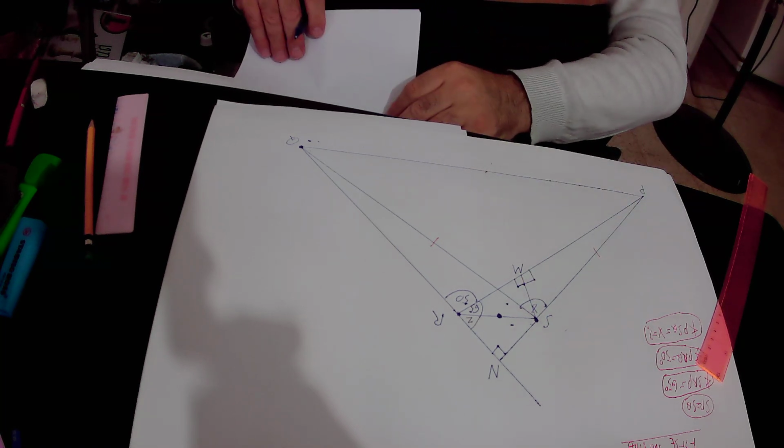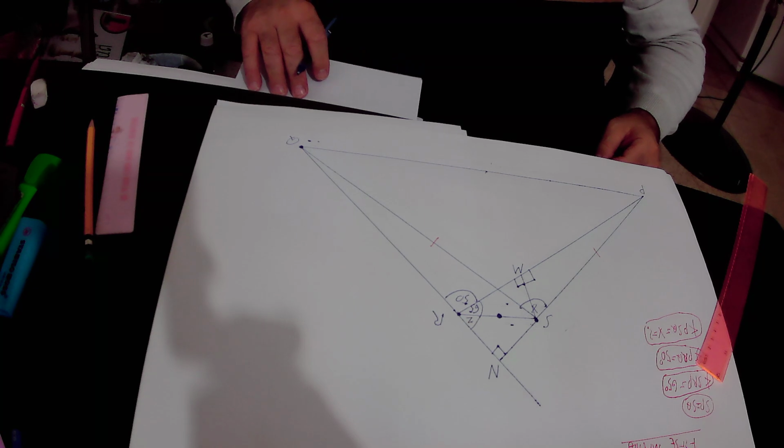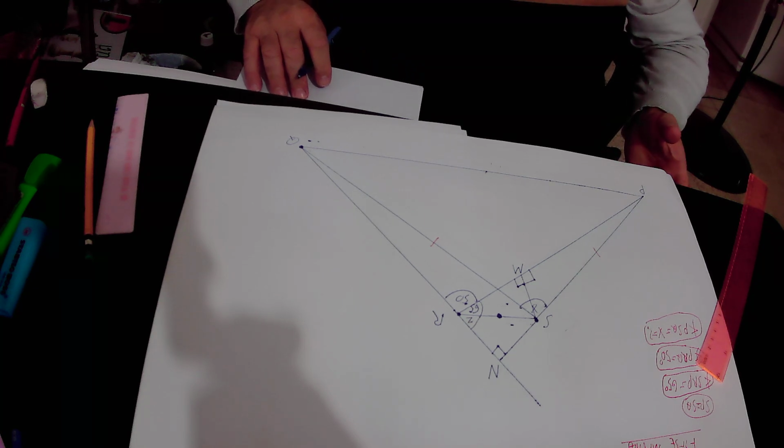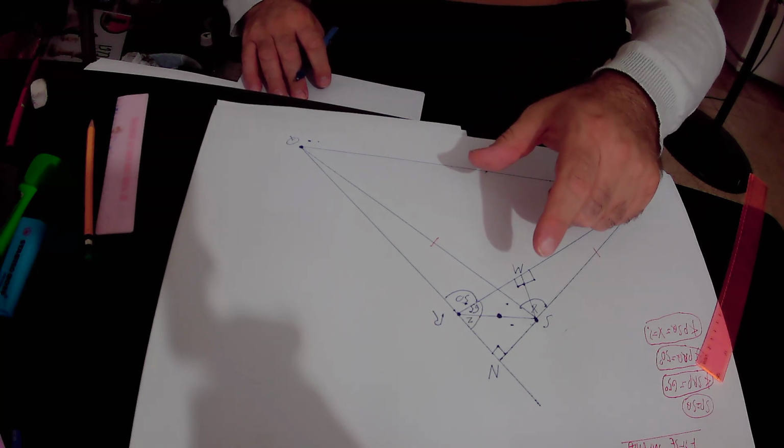And we have rule number 1 that the sum of the angles on one side of a straight line is equal to 180 degrees.